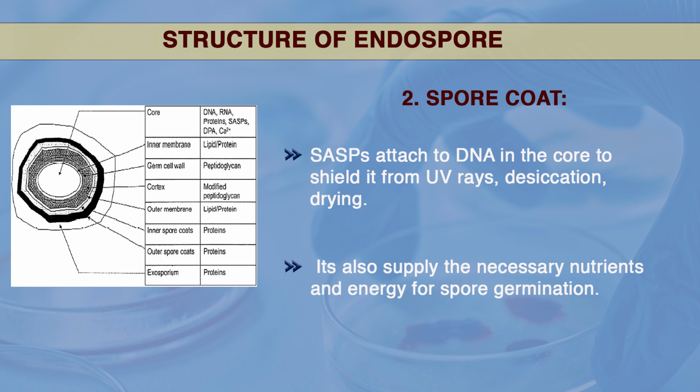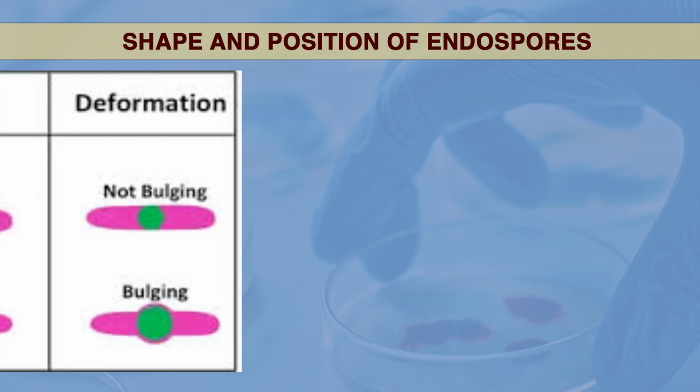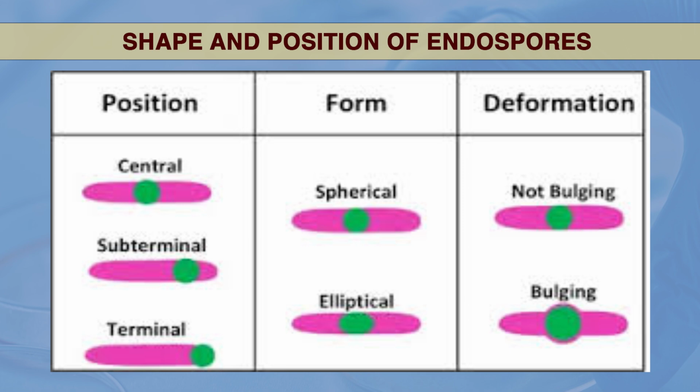They also supply the necessary nutrients and energy for spore germination. You can see here the structure of the endospore very clearly: the outermost layer, the central core and the membrane, that is the bacterial spore.